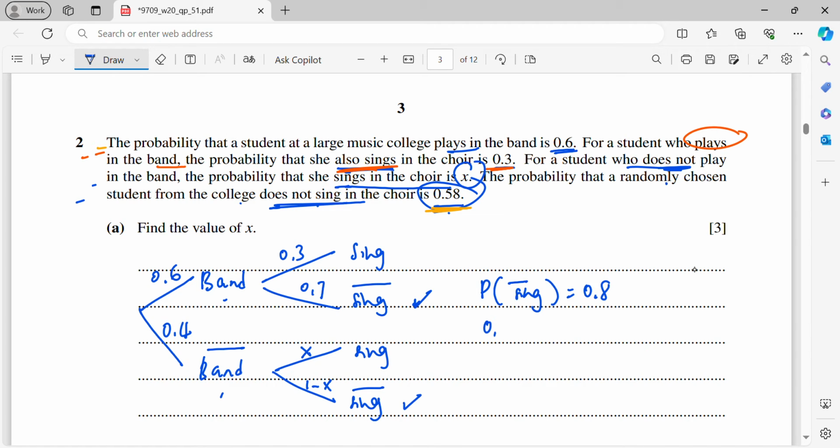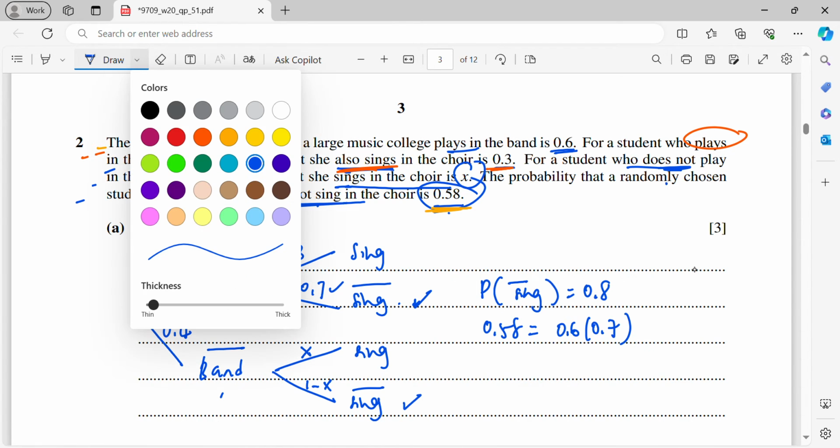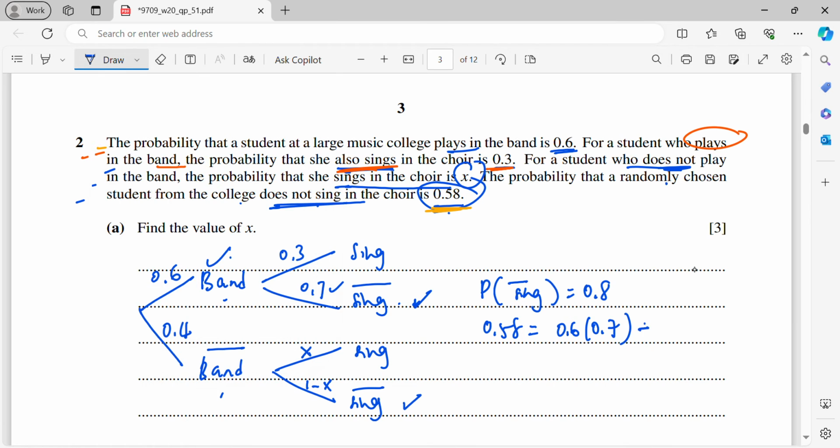So I would say that 0.58 equals, if plays in the band and does not sing, the probability is 0.6 times 0.7. You just multiply these two, and then or is plus, does not play in the band, but the person also does not sing. So does not sing is 1 minus X according to the tree diagram.